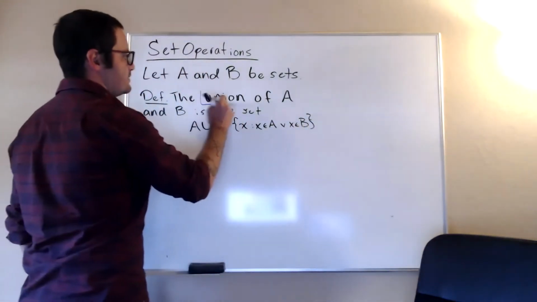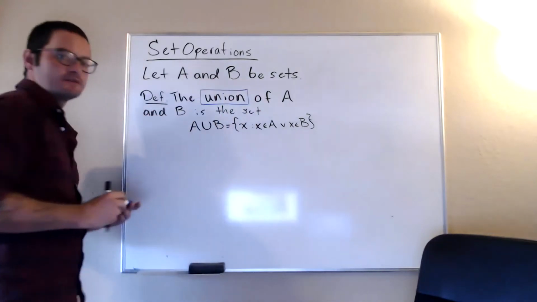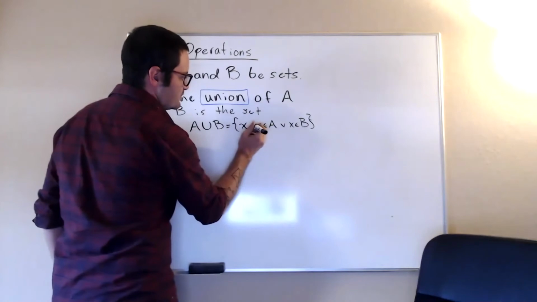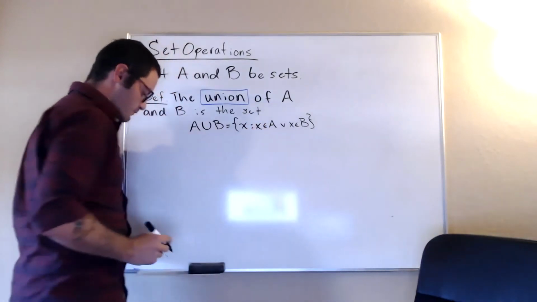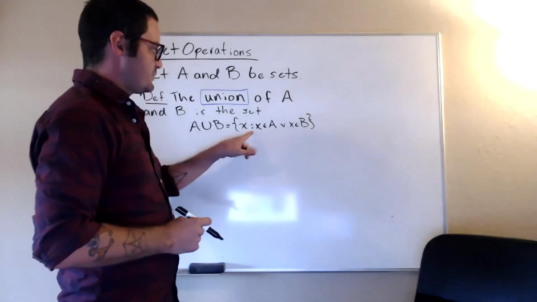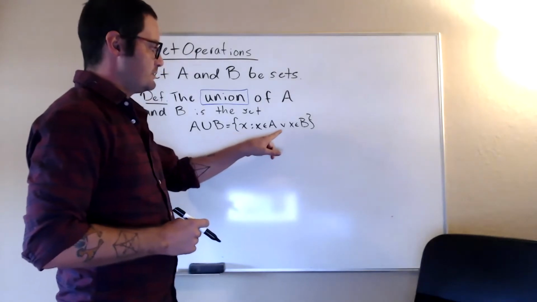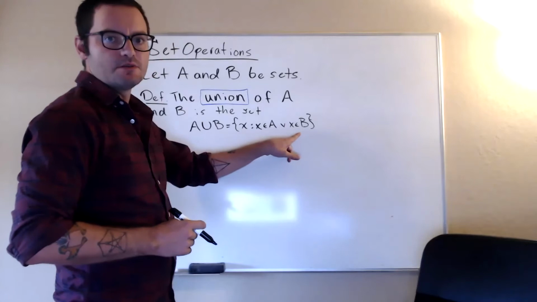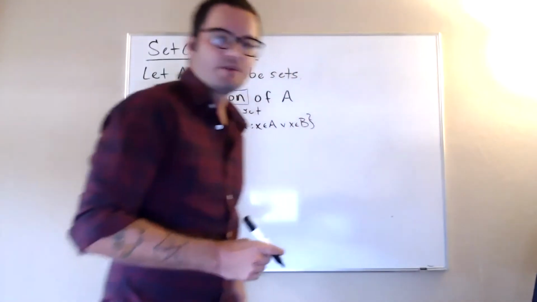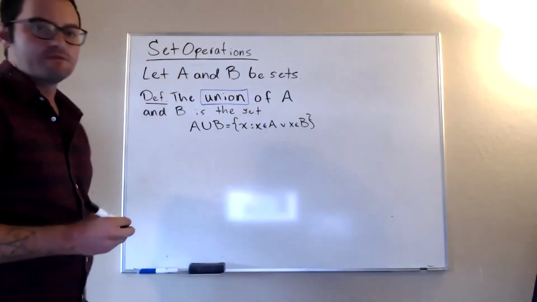Okay, so this is the union of two sets. And again, this is using set builder notation. So what goes inside this set? All X such that X is an element of A or X is an element of B. And we can represent this with a picture called a Venn diagram.